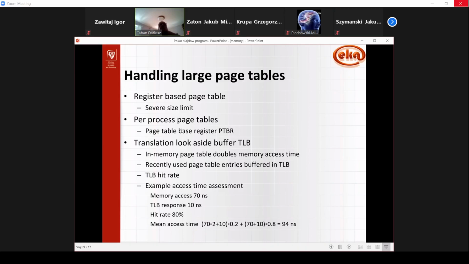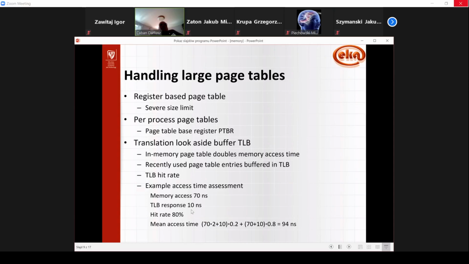So this first part, the translation lookaside buffer, is a hardware solution which remembers what pages are cached. The first thing we do is check whether the page is in the cache.